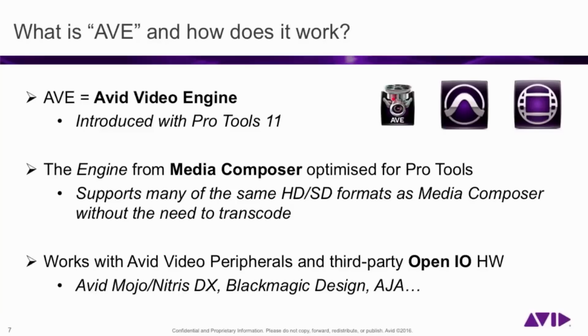Andy, you've said it at the top of the slide, it was introduced with Pro Tools 11, but we've been able to play back video in prior versions to that. How was that handled differently, from an operational standpoint and from a technical standpoint? Can you give us a bit of an overview of that? Sure.